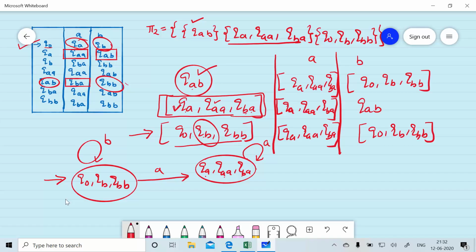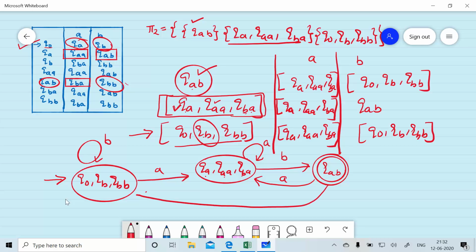On reading B, we move to QAB, and that is the final state. On reading A, we move to this state, and on reading B, we move to the initial state. This DFA is identical to the DFA that we had constructed with 3 states.